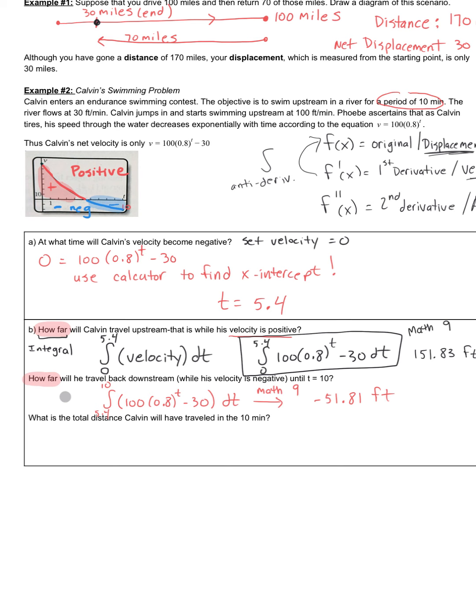Okay? All right. Now, for part C, we want the total distance traveled. Now, I'm going to underline that, total distance traveled. Distance can't be negative. All right? So we have to take our first answer from 0 to 5.4, 151.83, and add it to our second answer, negative 51.81, but we have to take the absolute value of that because distance can't be negative.